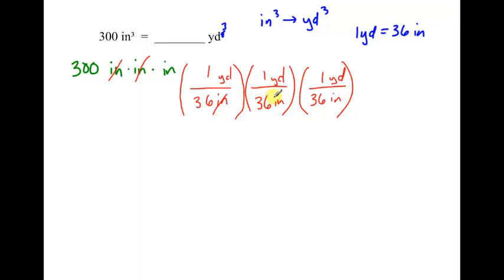Okay, so that second inch cancels, the third inch cancels, and looking at the units I still have, yards times another yard, that's cubic yards. Okay, so it looks like we're going to take 300 for a number and divide by 36 over and over and over again. Tiny. We've got 0.0064 cubic yards there.